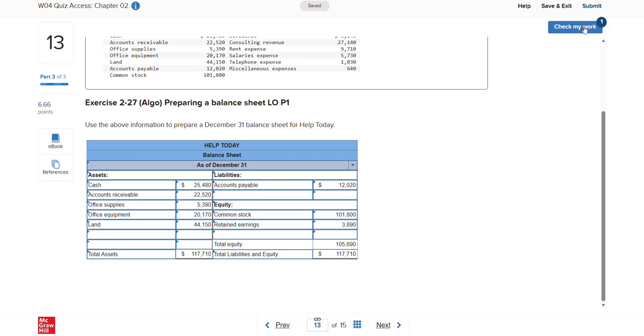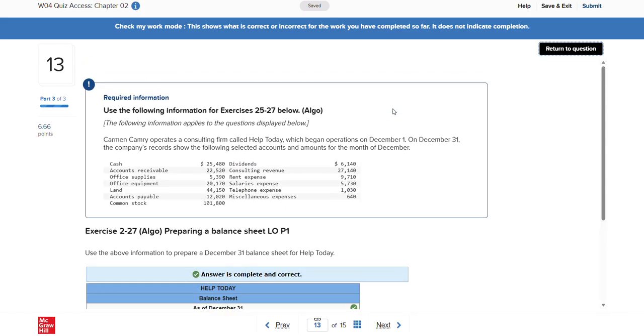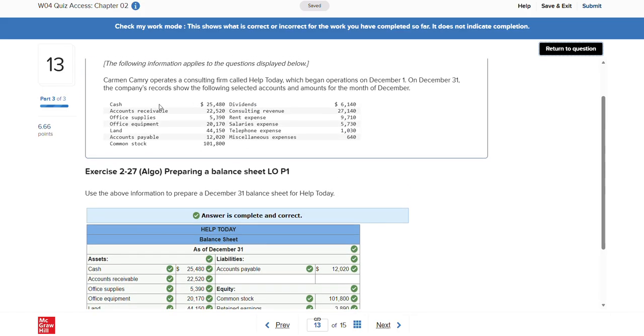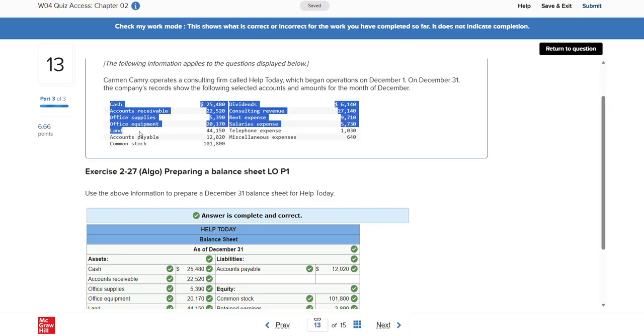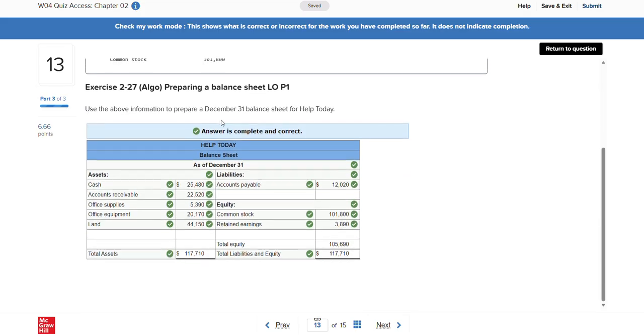So that should do it. These ones are super easy, especially because it gives you all the information, not always, I guess. I'm not 100% sure, but for this one, all of the assets were right here, the liabilities right here, all of the revenue was right here, the expenses right here. So it makes it really, really easy. The equity right here. So hopefully that all made sense.